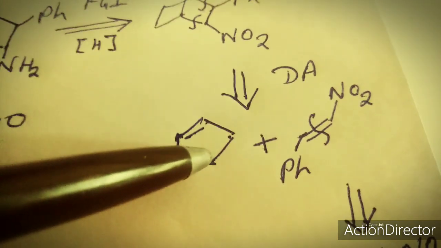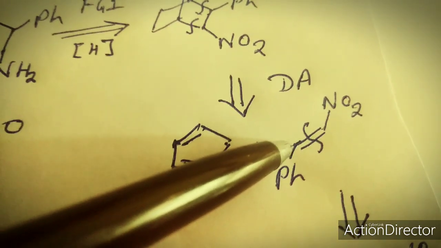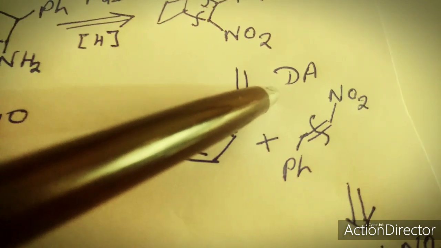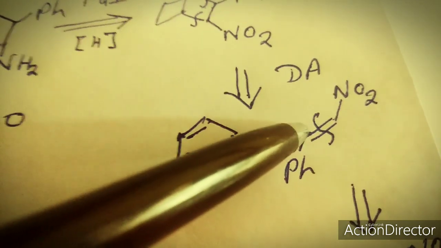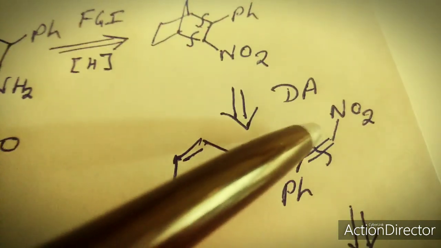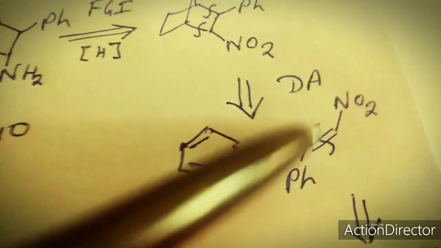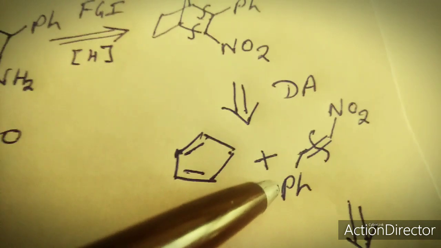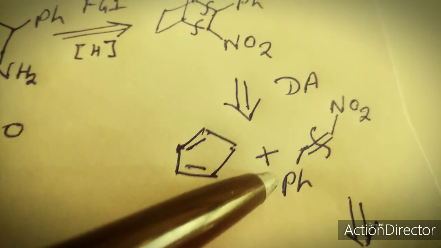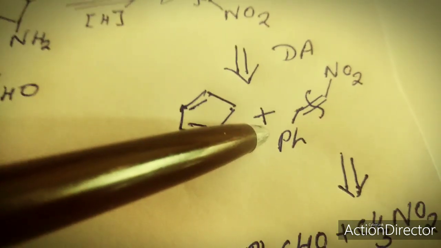So this is the diene and this is the ene. Hence the Diels-Alder reaction. This will be trans ene, NO2, the stable one, at one end, and the other bulky phenyl group at the other end, having trans geometry.